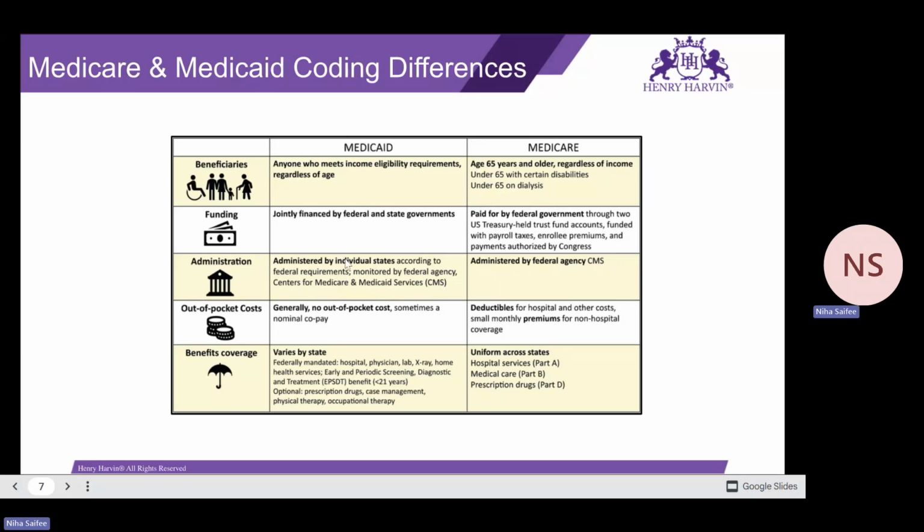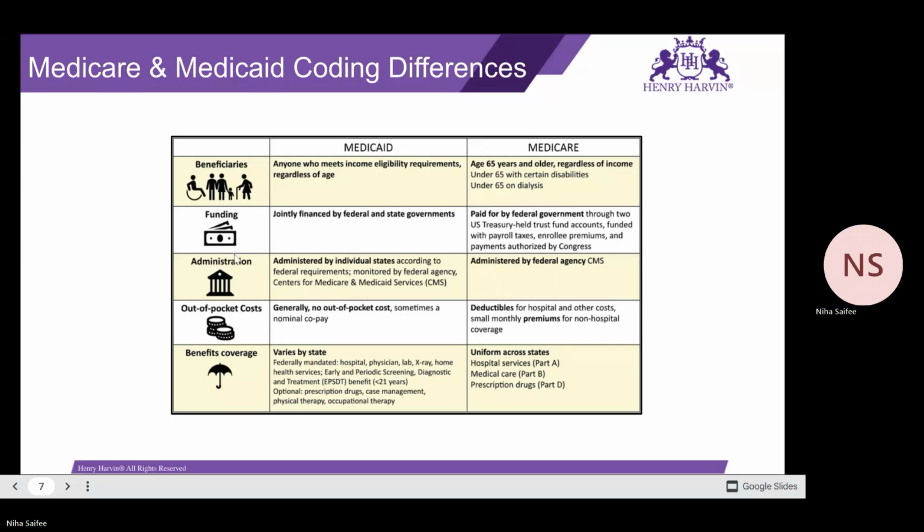Because it is jointly funded by federal and state, it is administered by individual states, but the rules, regulations, and monitoring are by the federal government. The federal government lays down all the policies, but they are followed and regulated by the individual state governments. Medicare is completely administered by the federal government.